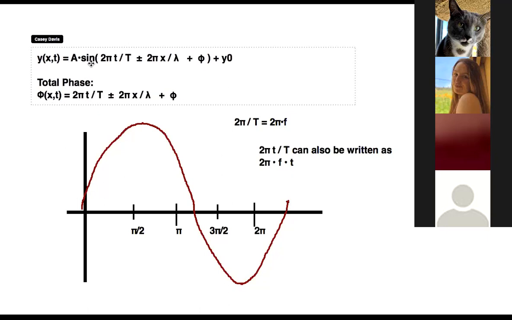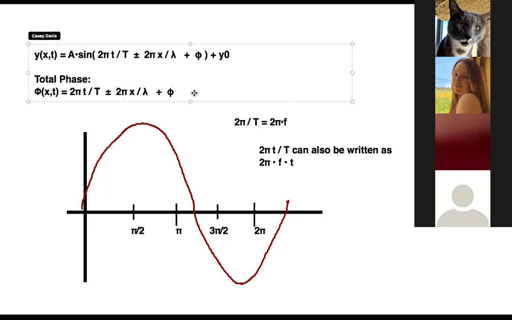One of the reasons to write it like this is we can rewrite the y function. Instead of writing y as a function of x and t, we can write y as a function of total phase. So y as a function of total phase is just amplitude times sine of total phase plus y naught, because total phase is just an abbreviation for all that stuff inside the sine function.